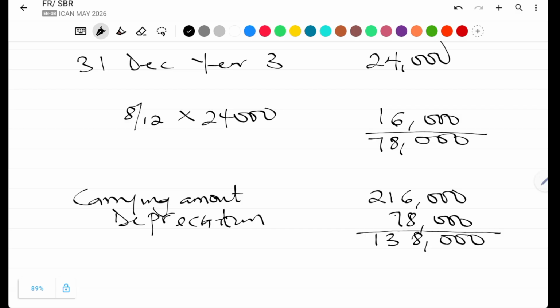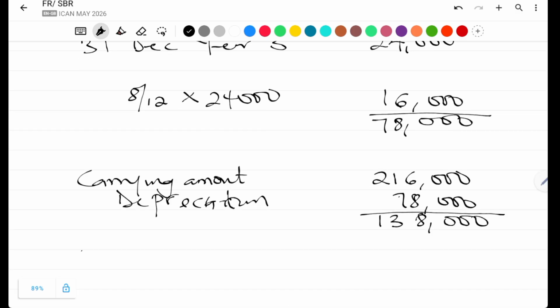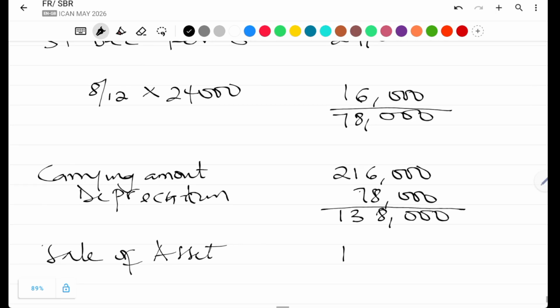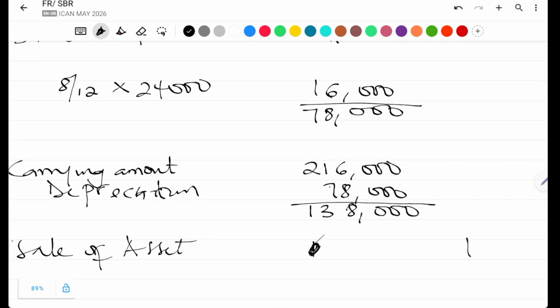So how much did we dispose of the asset for? We disposed of the asset, sale of assets, at 163,000, but we had incurred 8,000 naira in the process of selling.